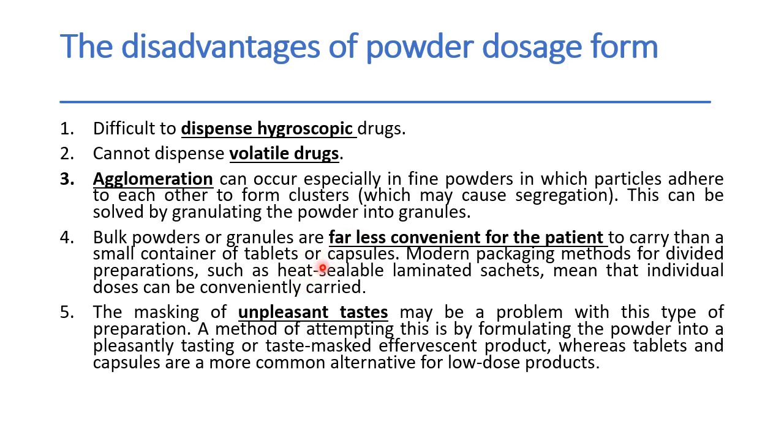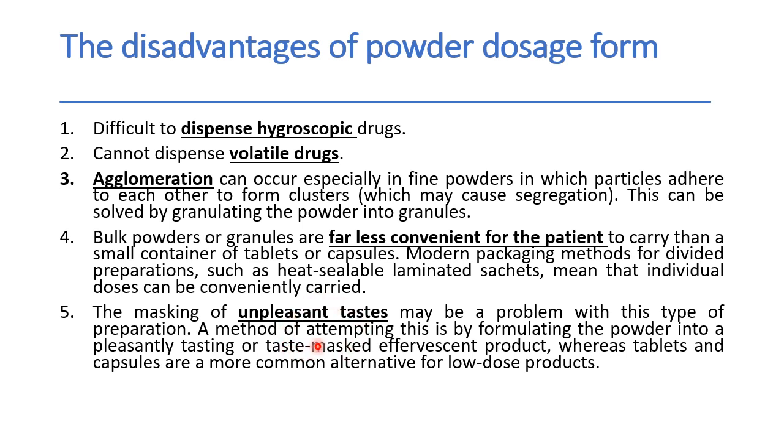The other disadvantage is that powder and granules are less convenient for the patient to carry. Of course, using tablets and capsules is more convenient. However, bulk powders can be prepared into heat-sealable laminated sachets so that the individual dose can be conveniently carried by the patient.